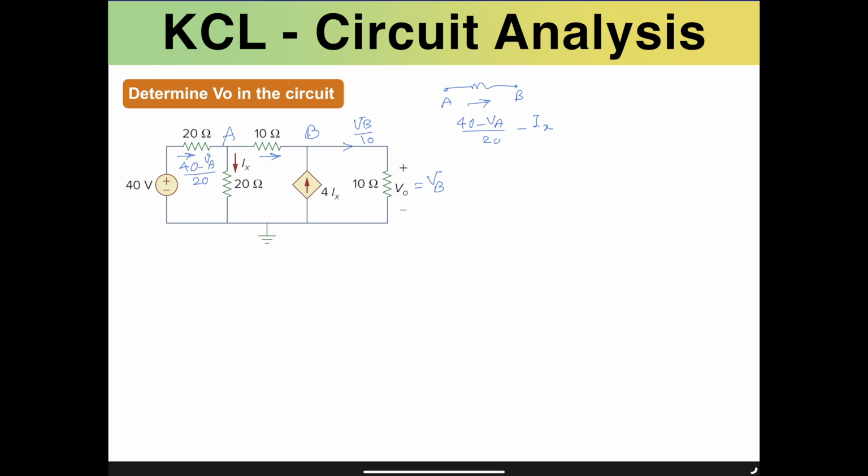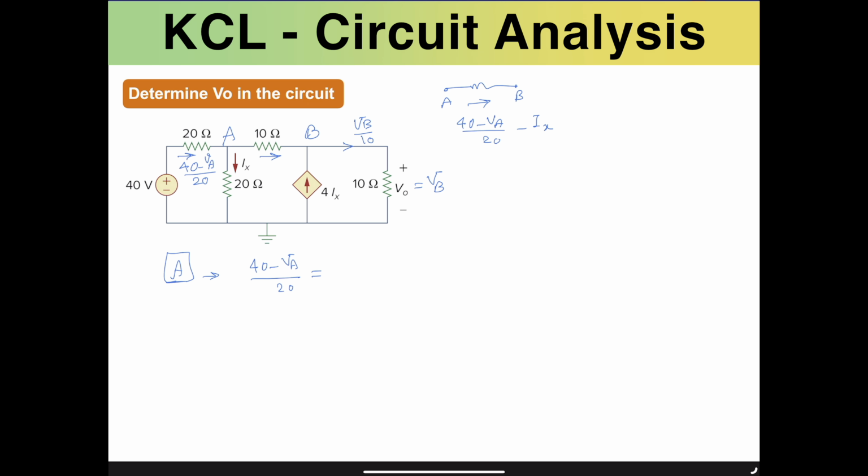So now we have all of the currents in all of the branches. Now we need to start writing the KCL formula, starting at node A. The entering current is going to be 40 minus VA divided by 20.